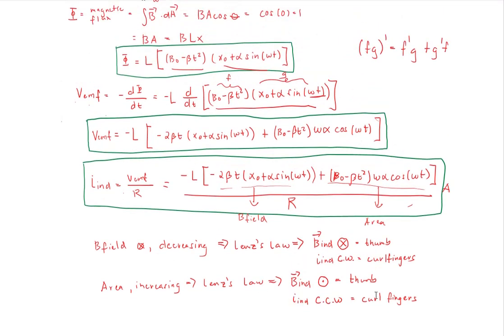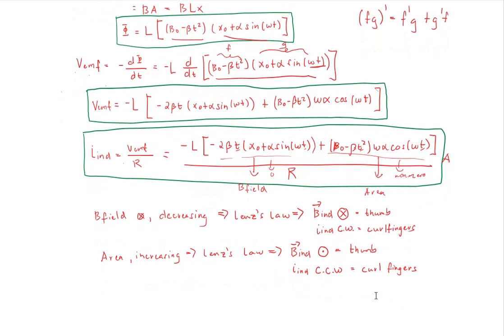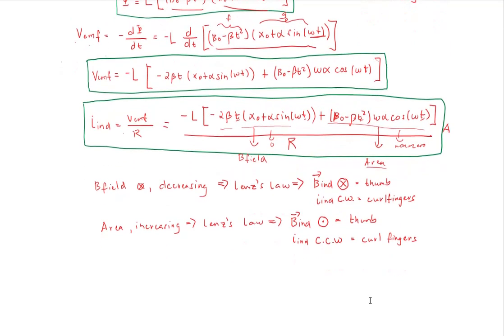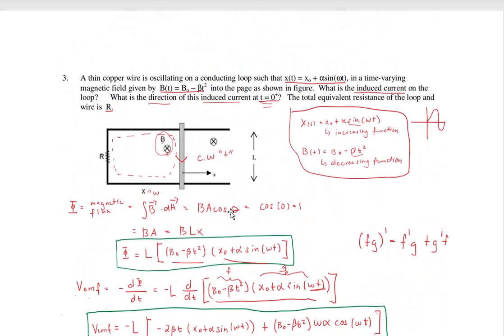Since over here we determined that by replacing t with 0, this whole term is going to be 0, while this is non-zero, at t equals 0 the term for area is dominant. Therefore the direction of the induced current coming from the area increasing is dominant. So this is going to win, and we'll have the direction of I induced as counterclockwise.